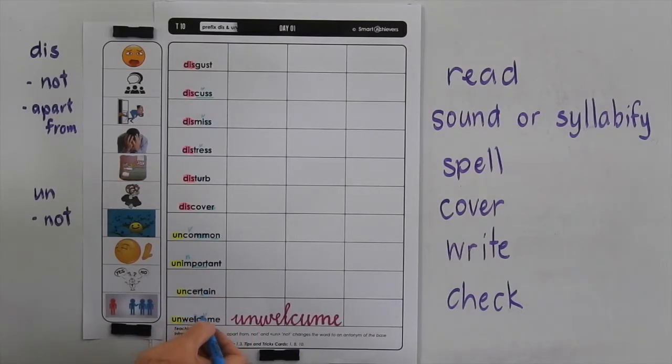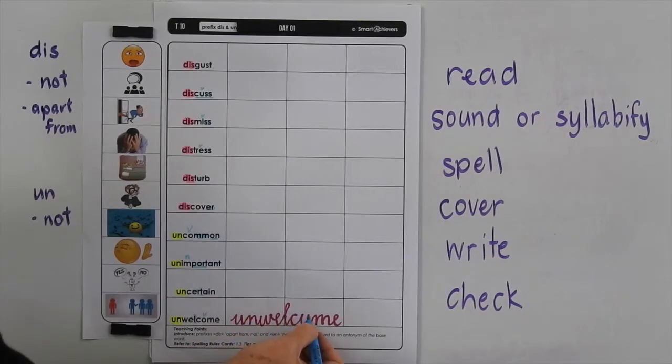Now in unwelcome, do remember that when you add well to a word, we're dropping one of the L's. And this is a lazy monk word, we call them, because 1500 years ago when monks had to write out books by hand using a quill and ink, they found it very difficult to write words where there were so many up and down strokes caused by this use of the letter U for the u sound.